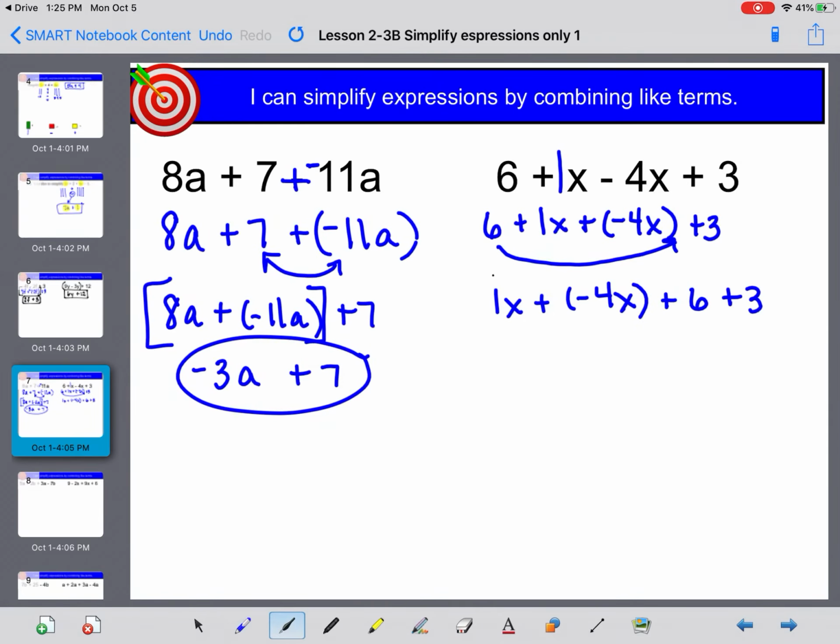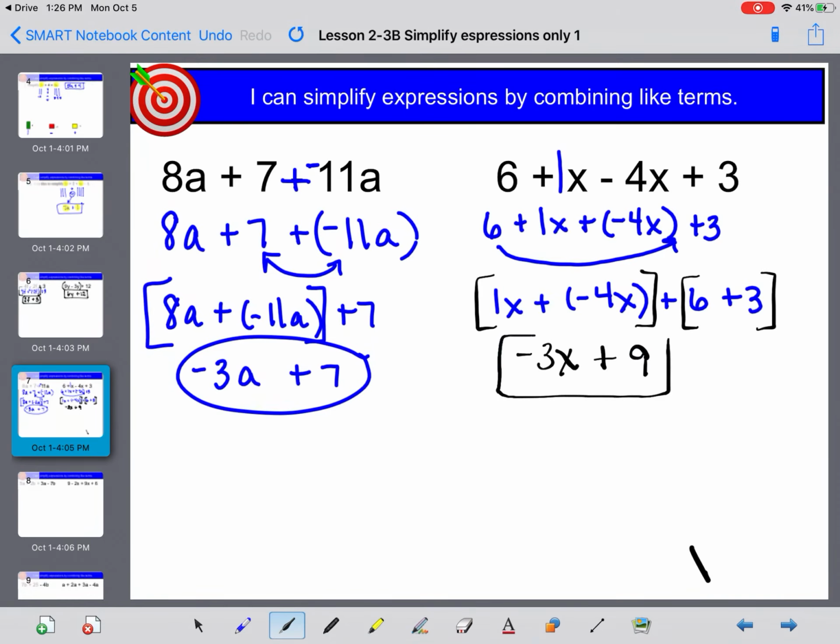Now my like terms are all grouped together. My x's are first and my constants are second. Now, I use the associative property to group those. 1 plus negative 4 is negative 3x. 6 plus 3 is 9.